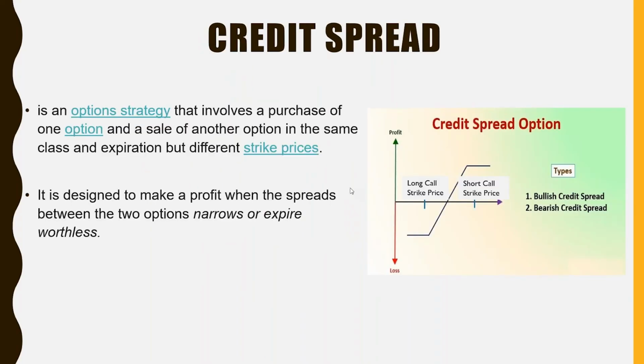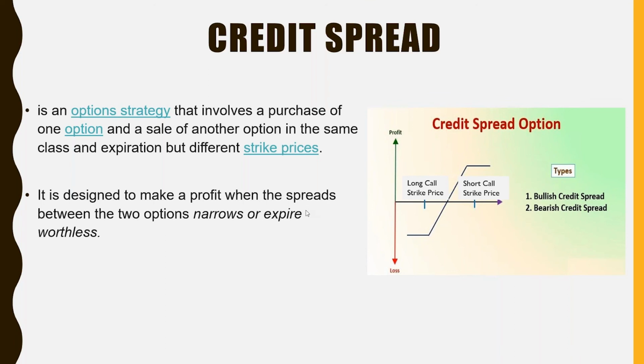So again, to review quickly, we talk about a credit spread. We buy and sell at the same time, simultaneously. The premium we sell is more than the premium we pay for the purchase, so that we can collect the premium.